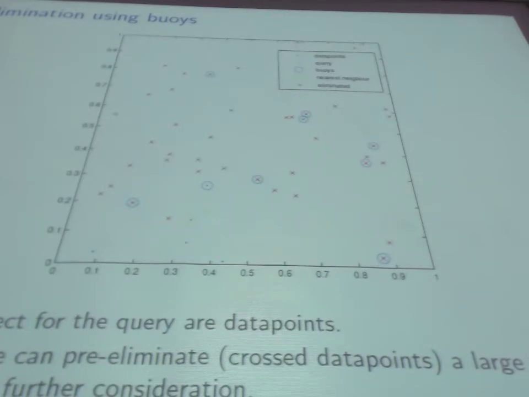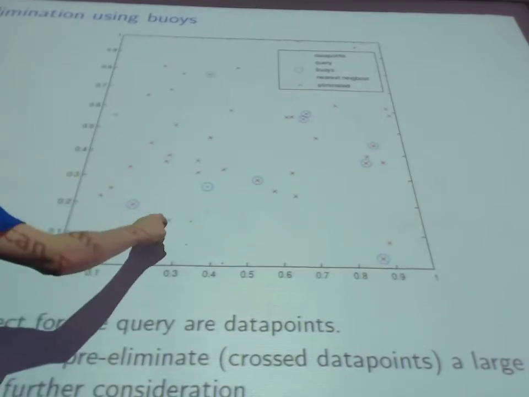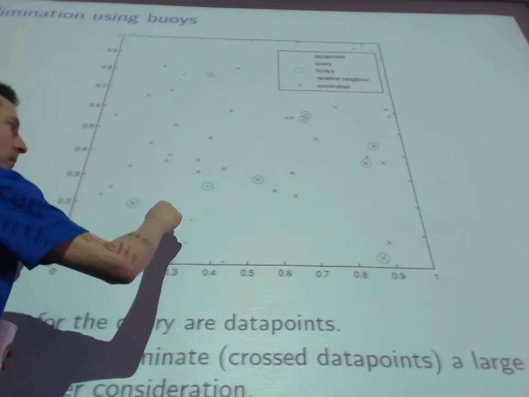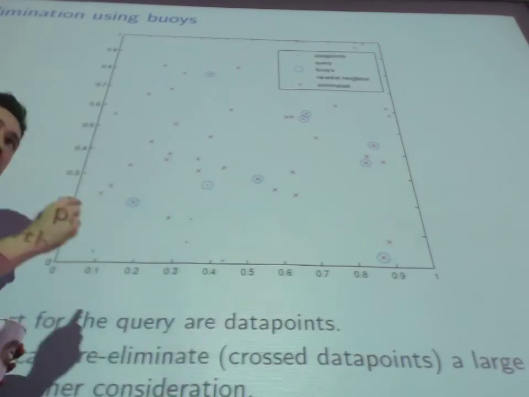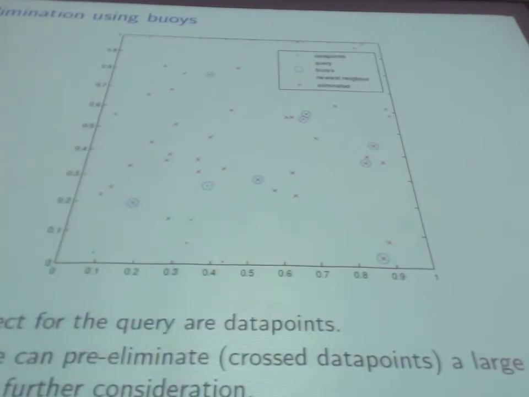So remember what's going on now is that the distance between X and all the boys will have been pre-computed. And we'll do that for all of the data points. Okay, so we'll have some matrix there. Then I can compute, based upon that, these lower and upper bounds.